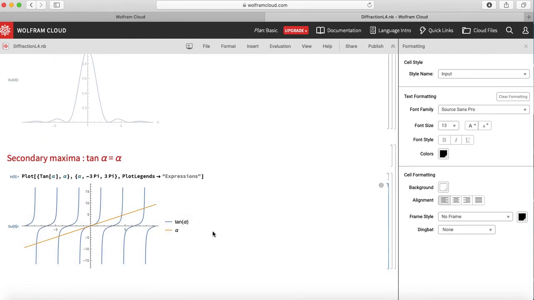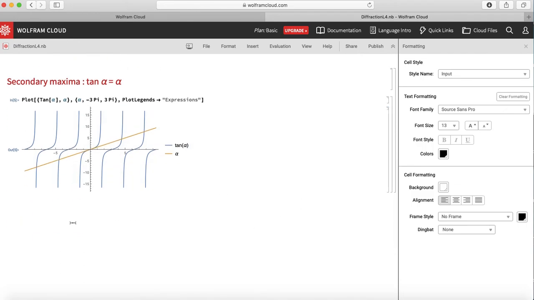Also, what we can do, if you want to see the intersection points, I can plot tan alpha minus alpha.